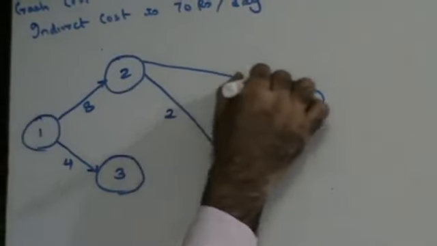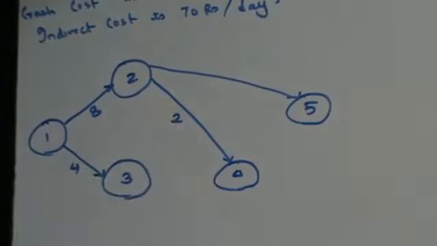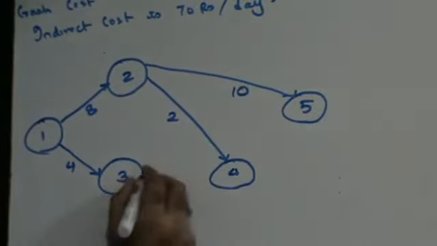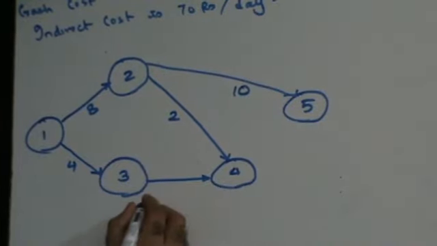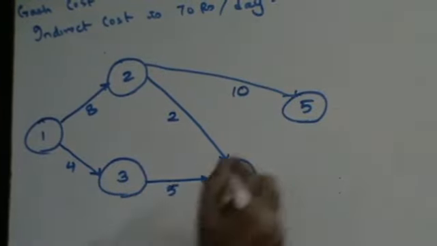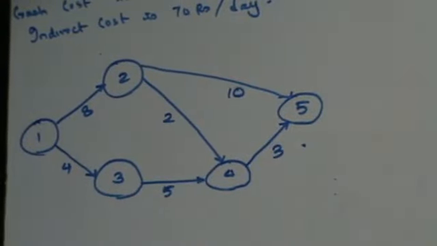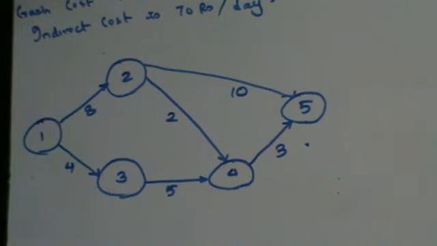From 2 you have 5, which is 10 days. From 3 you have 4, which is 5 days. From 4 you have 5, which is 3 days. So that is going to be my network diagram.